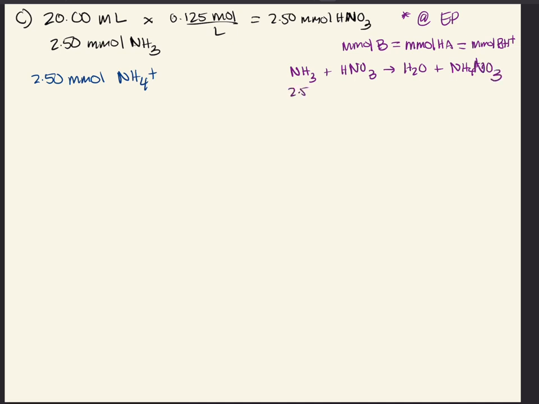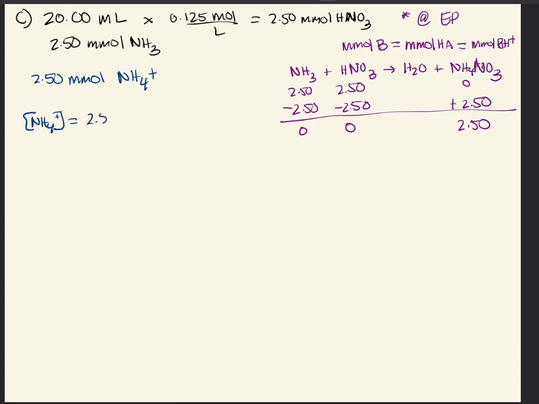And I have equal parts here, so these will both be consumed and added to the other side. So now I have none of my base and my acid left over, and I only have conjugate acid in solution. So the first thing I need to do is calculate the concentration of my ammonium.